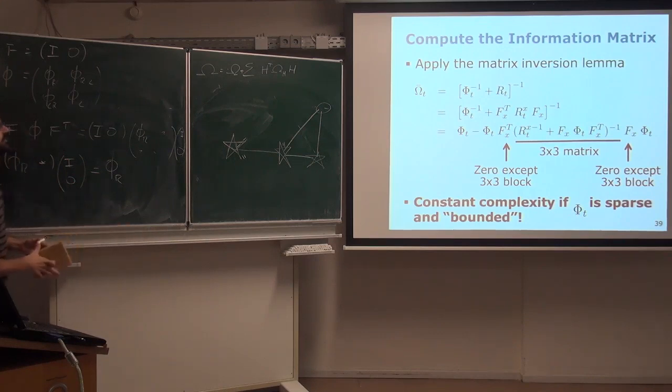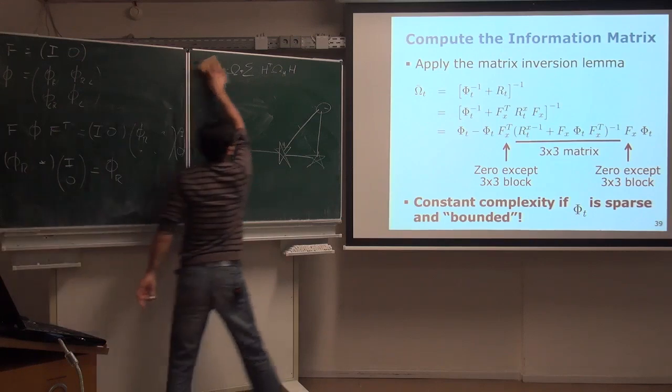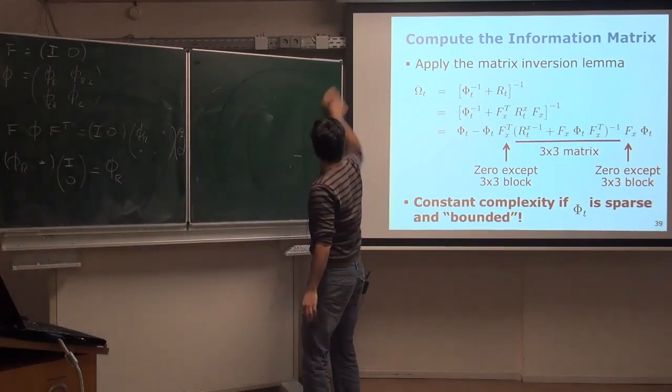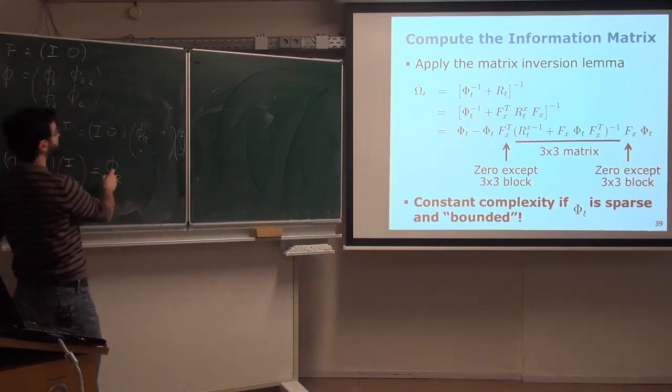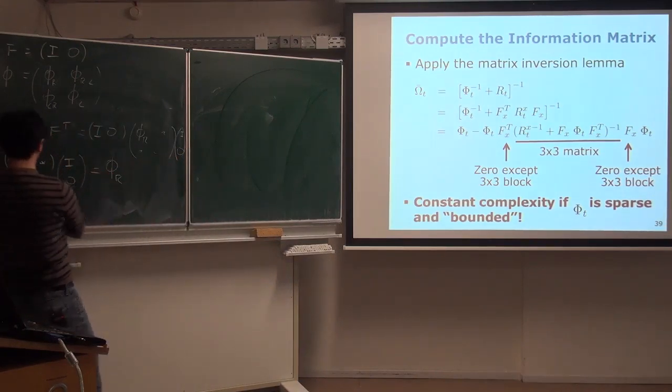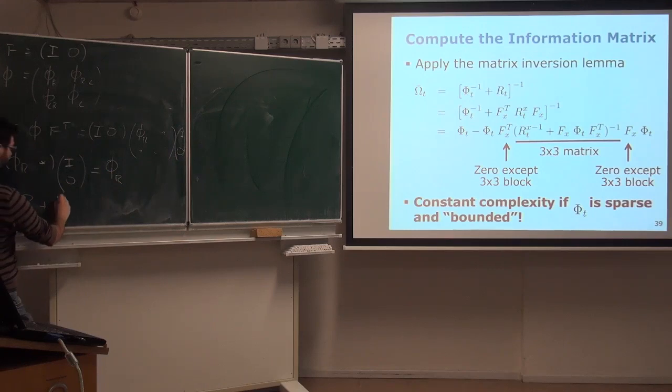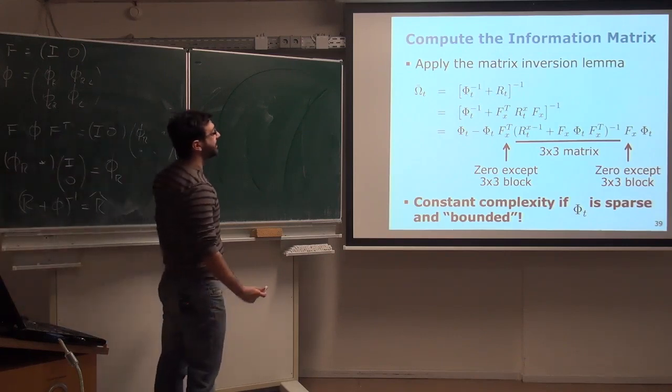And now the question is what happens when we multiply it with F externally. So let's call R plus phi minus 1, R hat, just to simplify notation.